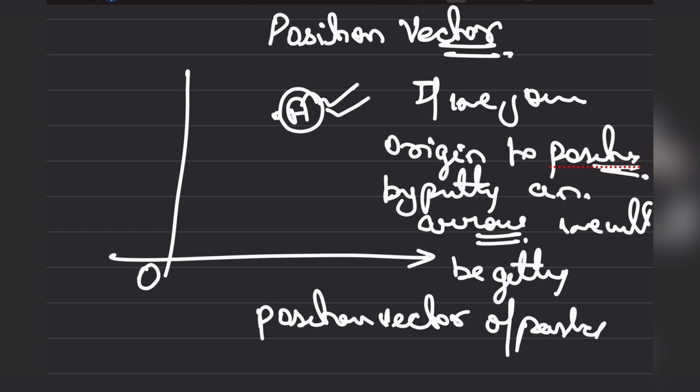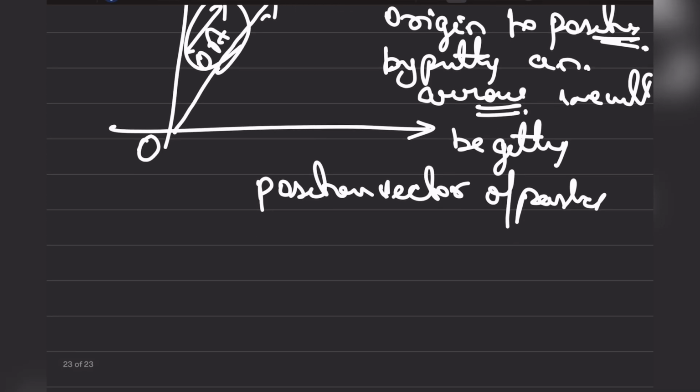Suppose that this is the origin and this is the position of point A, and if we join them, this OA will be the position vector of this particle A.